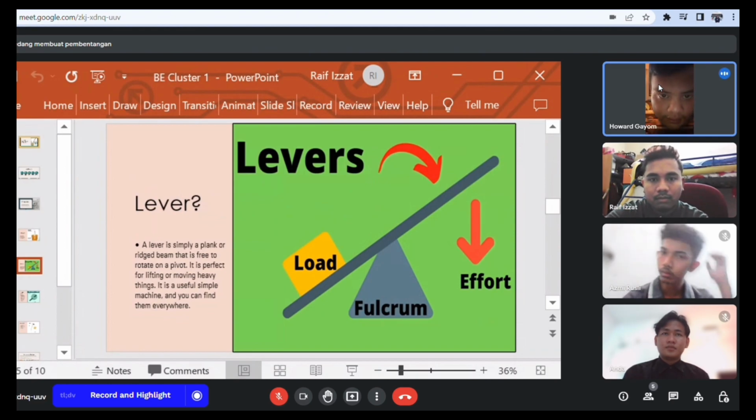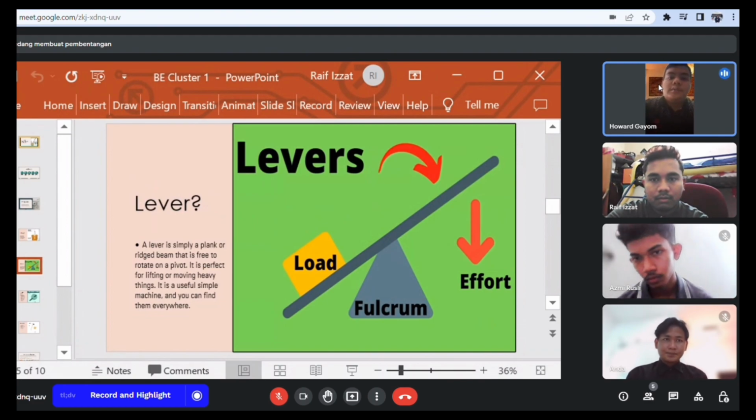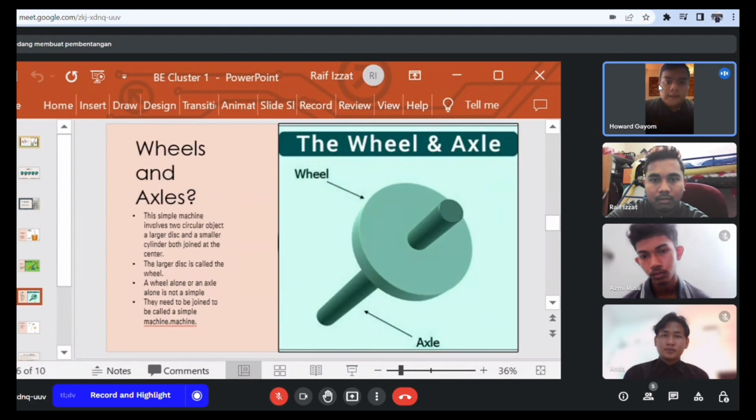Lever is a plank or rigid bar that is free to rotate on a pivot. These two are components of the compound machine. And the last one is wheel and axle. Wheel and axle is a very important thing to make one complete compound machine.